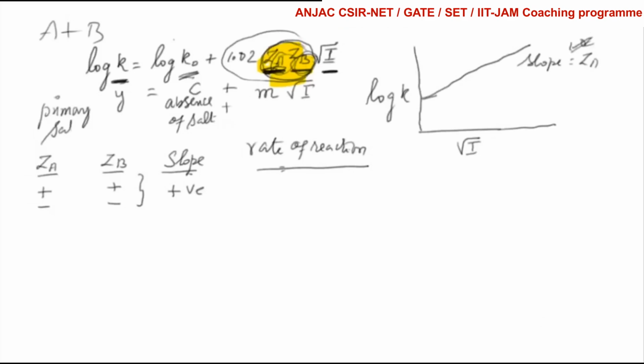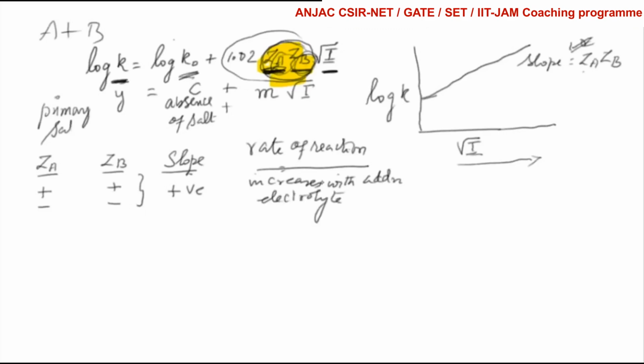We can simply omit the 1.02. The slope is equal to ZA into ZB. Same charged species, positive ion or negative ion, would increase the rate of the reaction as the ionic concentration increases. Therefore the rate of the reaction increases with the addition of electrolyte.